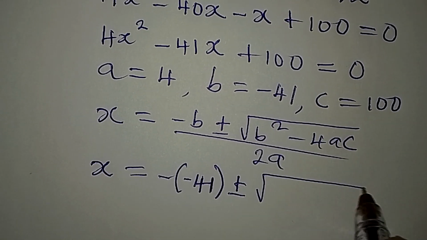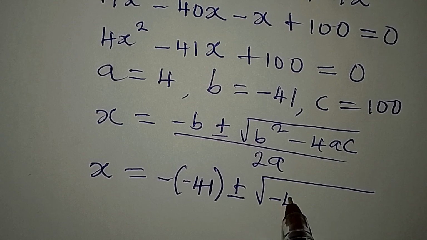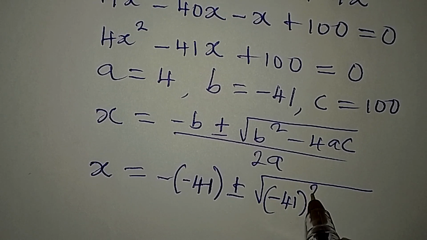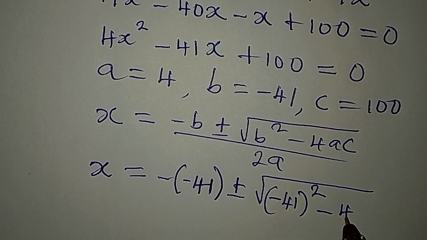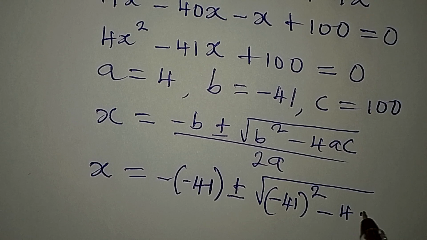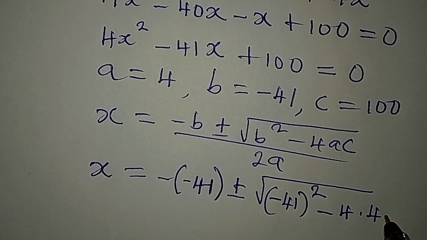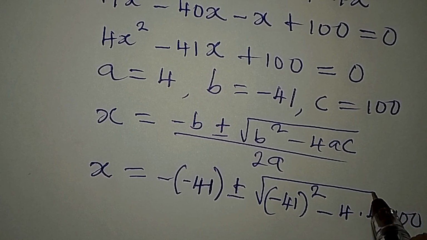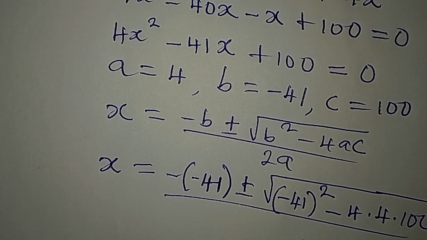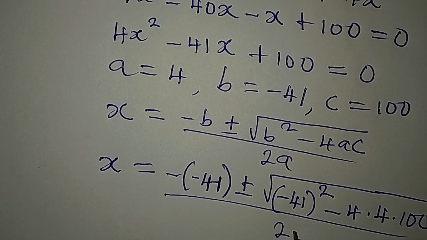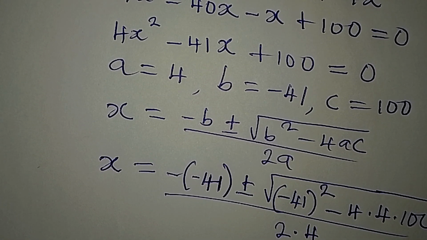Plus or minus. We have negative 41 to the power of 2 minus 4 times a, which is 4, times c, and it's 100. The whole of this will be over 2 times 4, because a is 4.